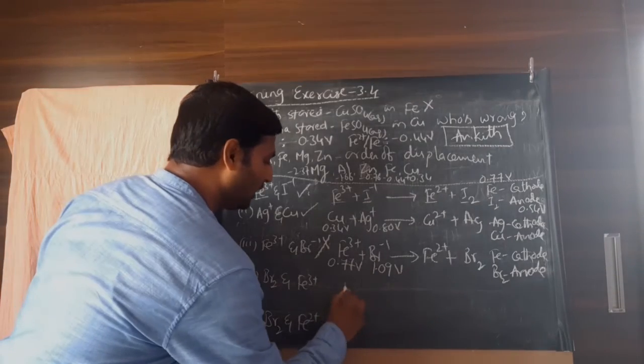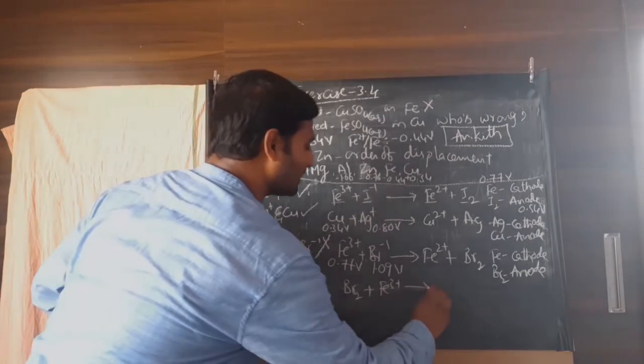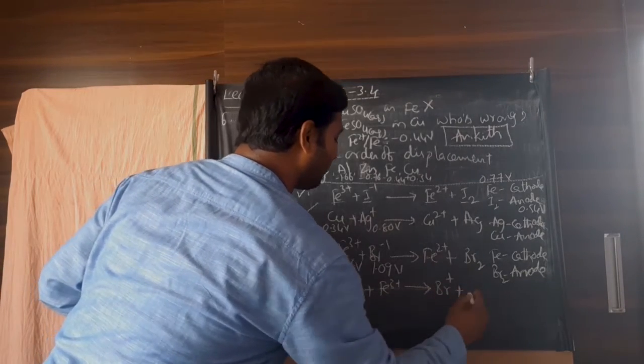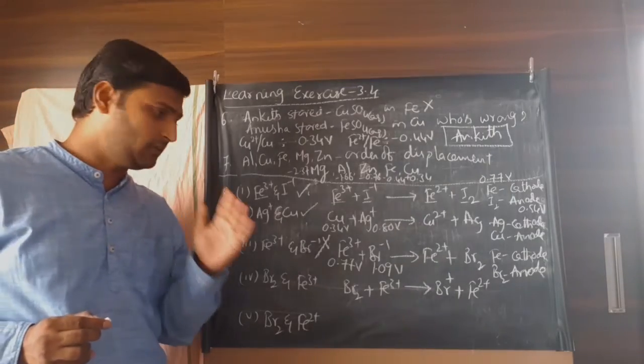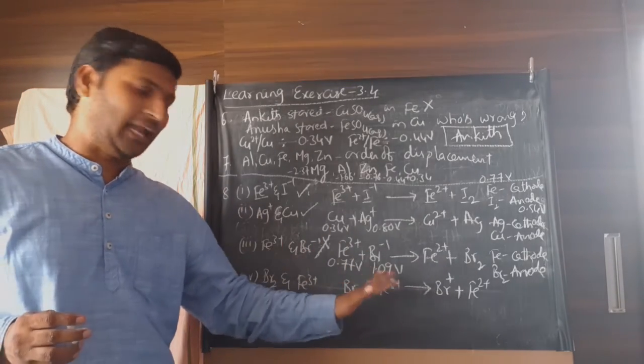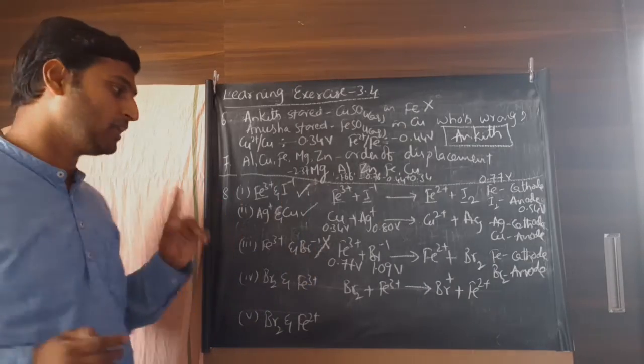Assuming that, the reaction is Br2 plus Fe3+ gives rise to Br+ plus Fe2+. This should be the reaction. Let us not worry about balancing as of now. Let us just think whether the process is feasible or not.